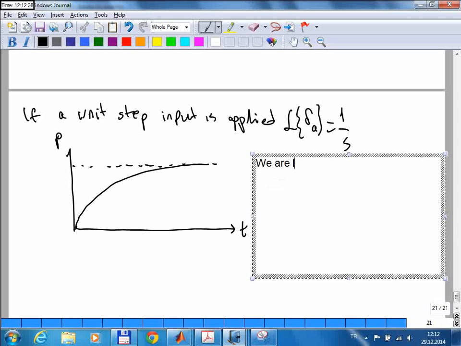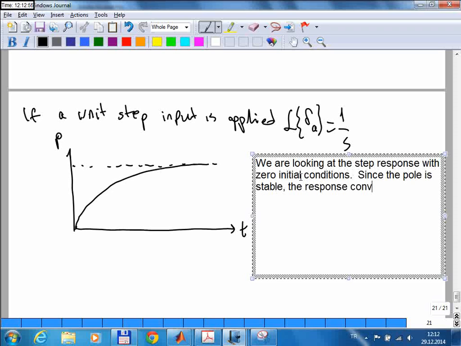The system is stable, so the response converges to a constant number.